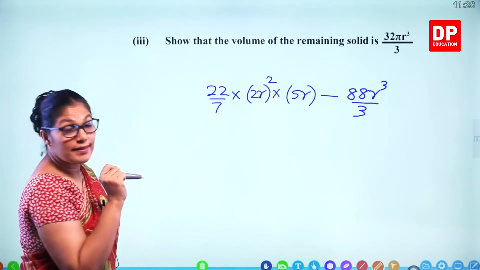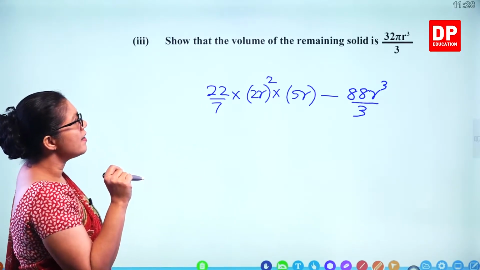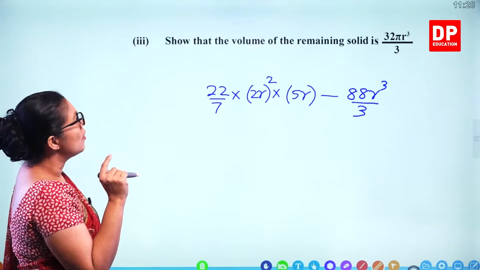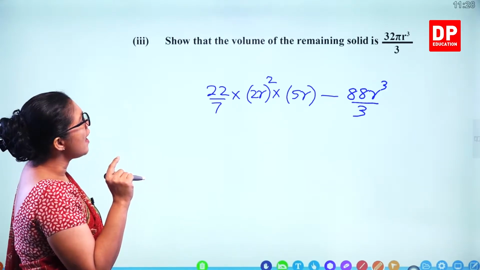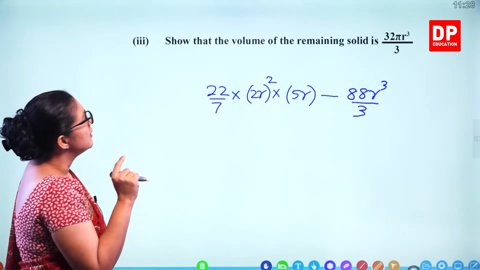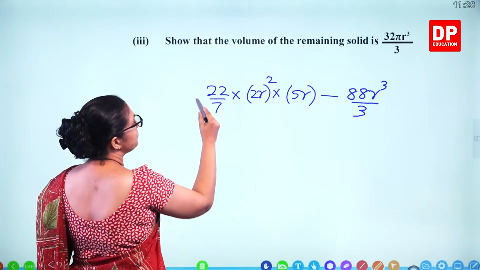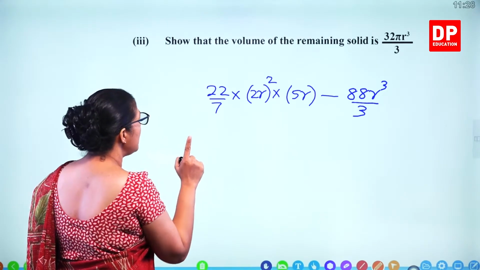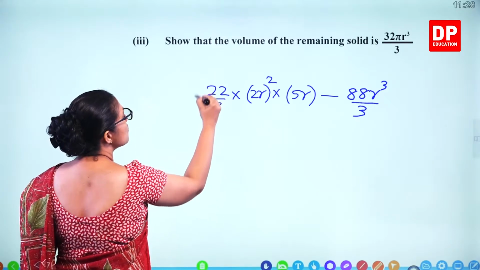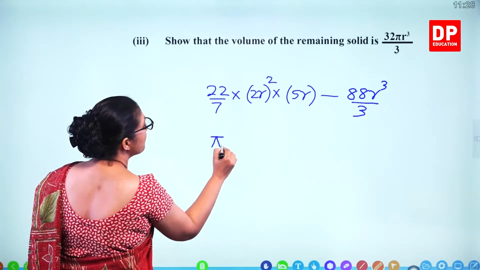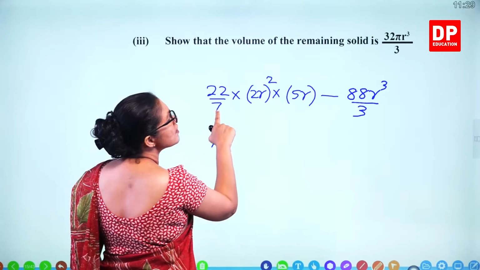Now we have to show that that's equal to 32 pi r cube over 3. So here we have to take in terms of pi. You don't need to substitute the pi value.